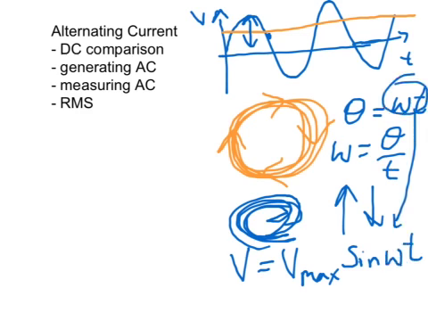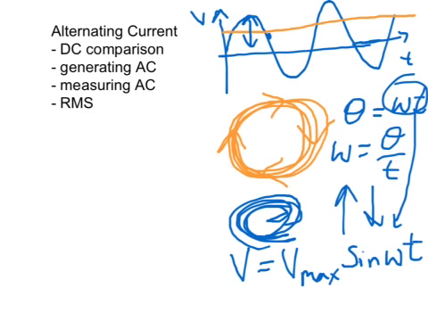So V equals V max sine omega t. As I said, I don't want to dwell on that. You have the same thing with current, so current would be I max sine omega t, because the current and the voltage follow each other for just a standard plain and normal circuit.